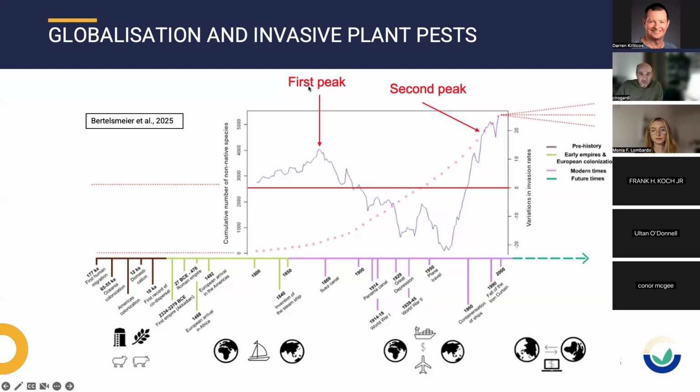So essentially, we have two peaks. The first peak is at the end of the 19th century, and the cause of this increase is in relation to, you can see below there are some symbols that indicate what was happening. They show what was the main innovation of that period.